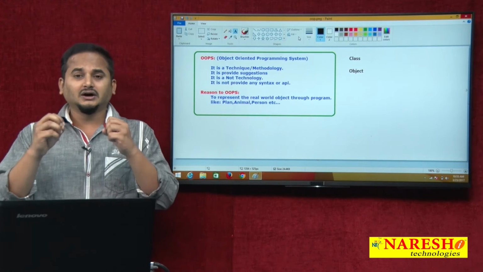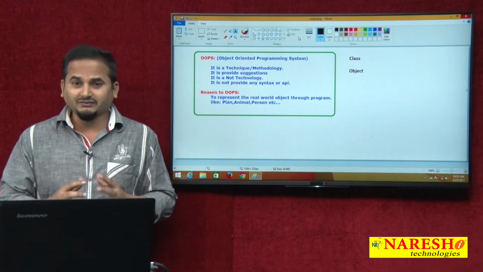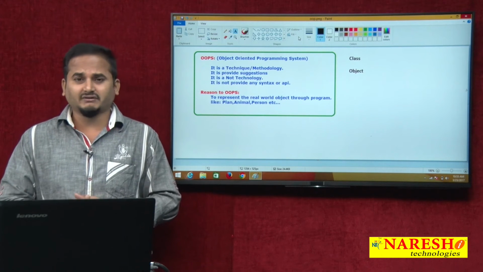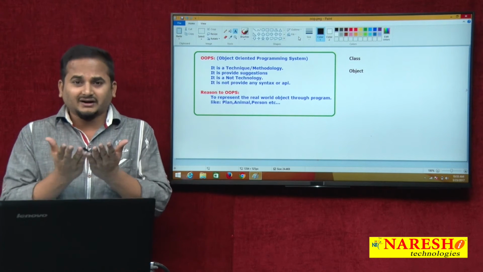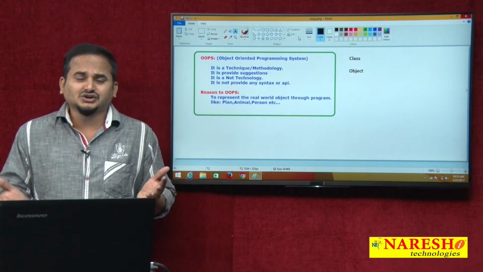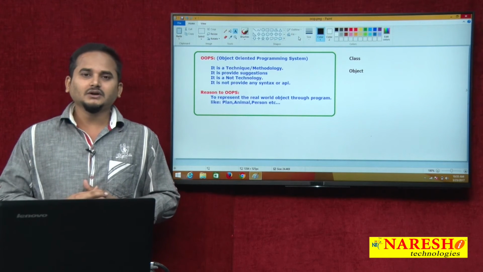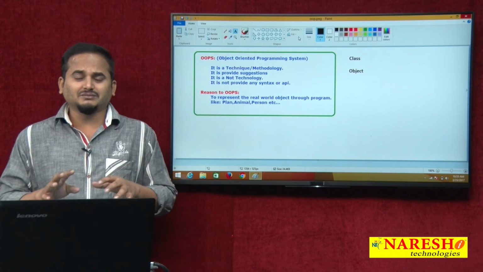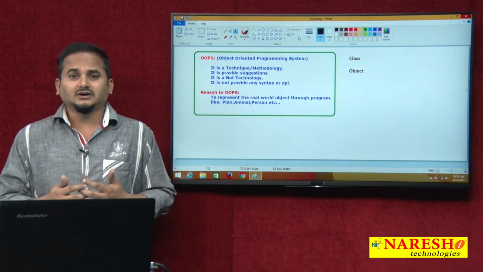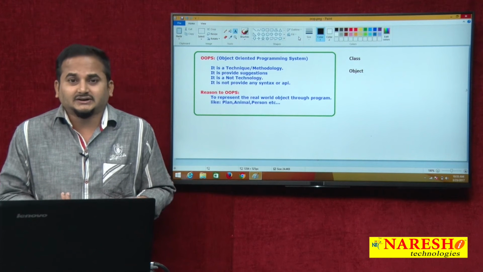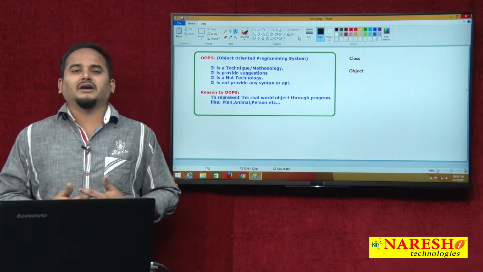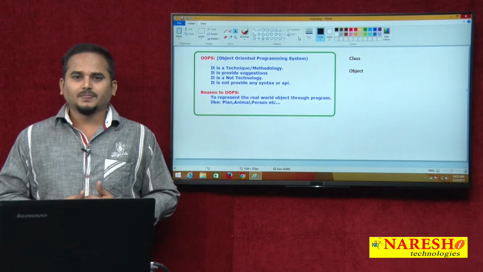I want to stitch a shirt. So what do we require? Some measurements, and cloth. All these things come under class, the imaginary part. Once we stitch the cloth using the measurements, then we can wear it. That comes under real world existing things.